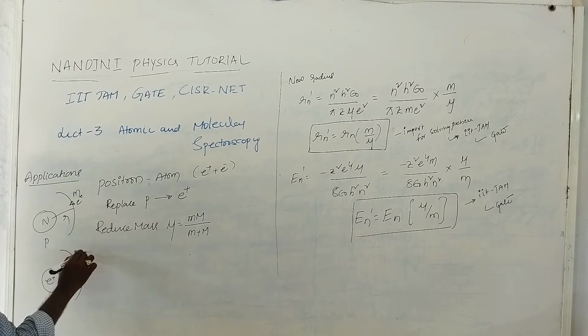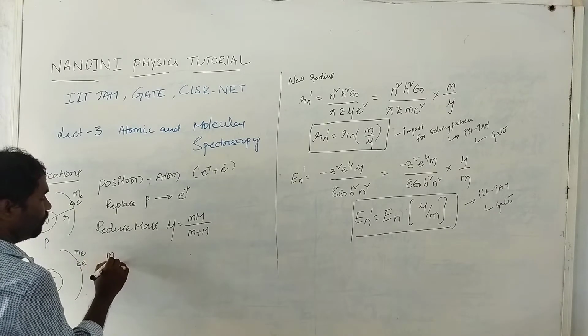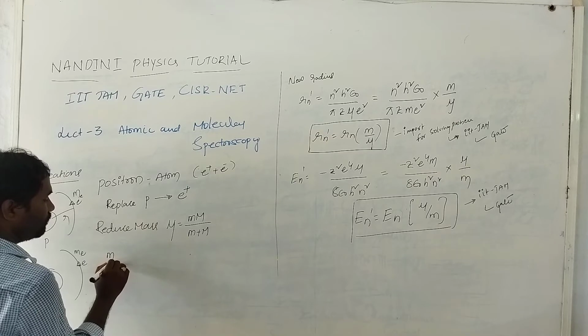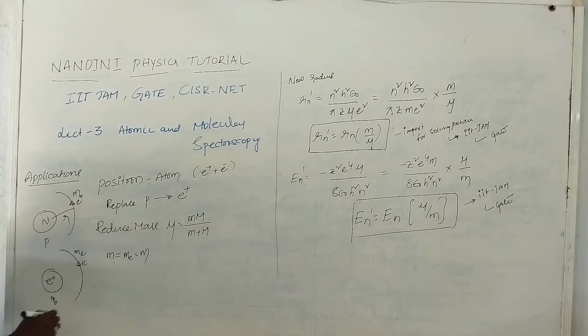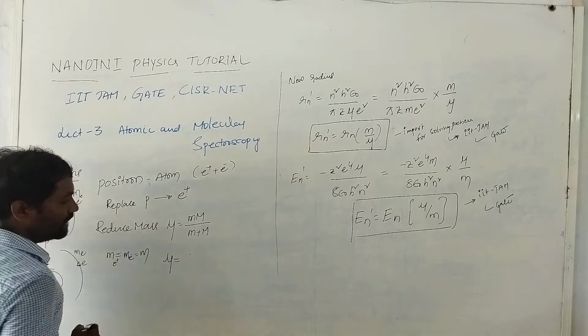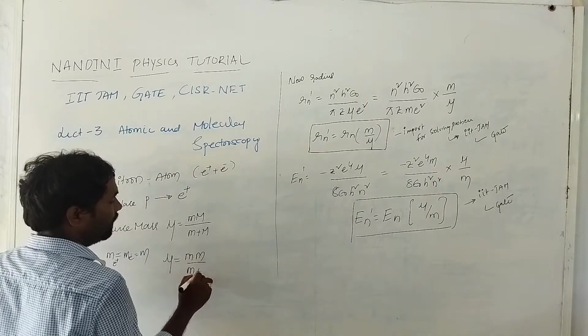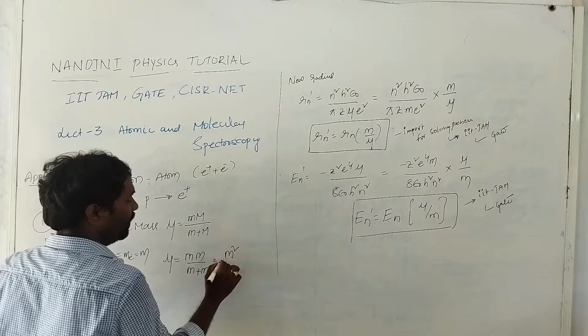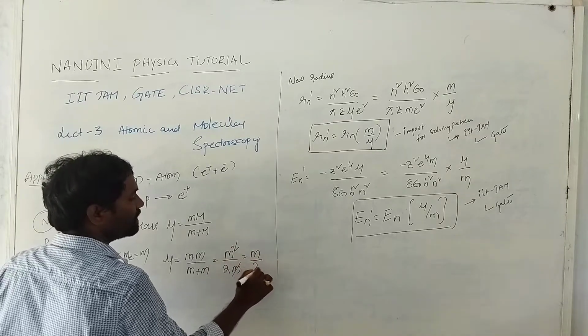Almost positron and electron have equal mass. So therefore mu is equal to m into m divided by m plus m, which is m square divided by 2m. Simply cancel one m. So the value of reduced mass is m by 2.